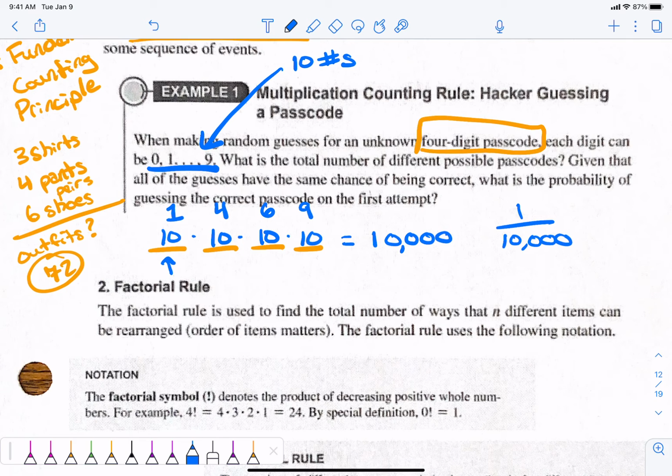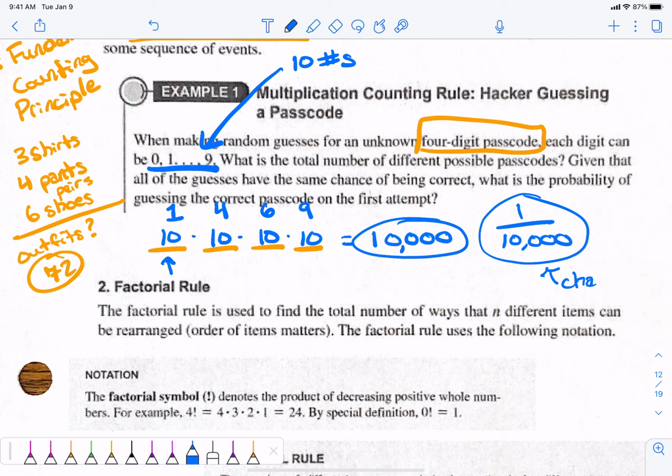I have a 1 in 10,000 chance of guessing it correctly. So if I guess 1 code per day, it's going to take me about 3 years to guess the code, because there's 365 days in a year. So it'll take me about 3 years to guess all of them, right? If I hit the code on the first couple days, that'd be real great, right?